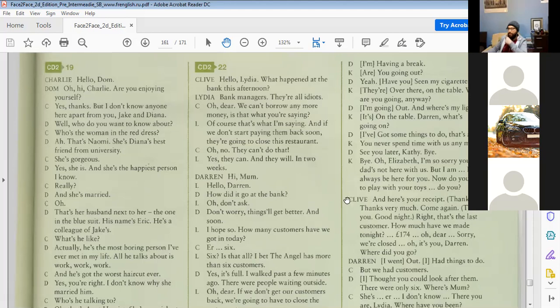And here's your receipt. Thanks. Thanks very much. Come again. Thank you. Good night. Right. That's the last customer. How much have we made tonight? £174. Oh, dear. Sorry, we're closed.